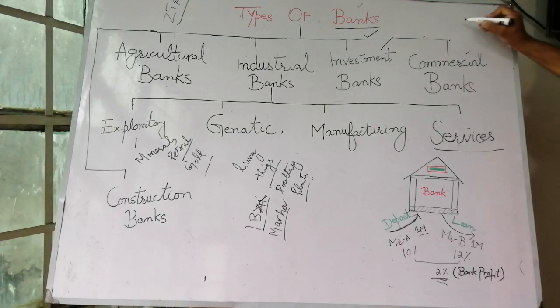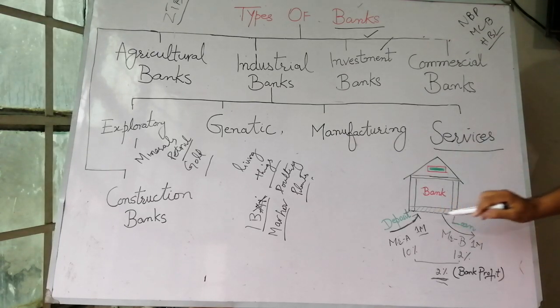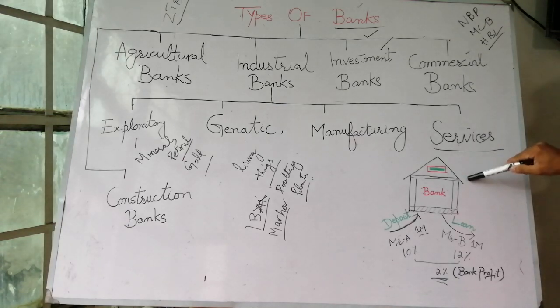As we know, NBP, MCB, HBL, these are all commercial banks which take deposits from the general public and give loans to needy persons and needy firms. These are known as commercial banks.